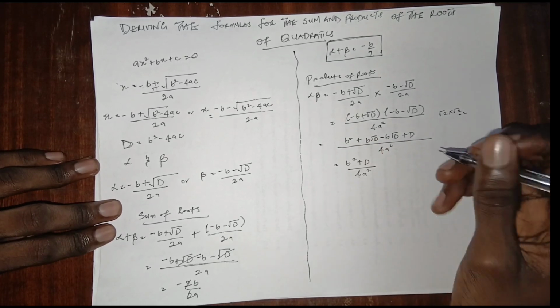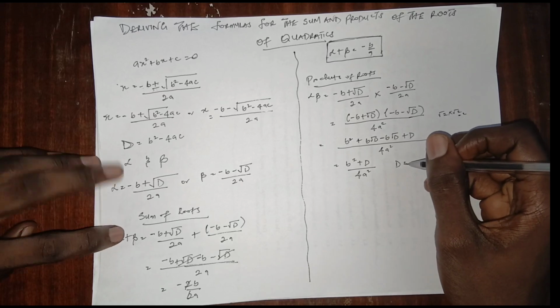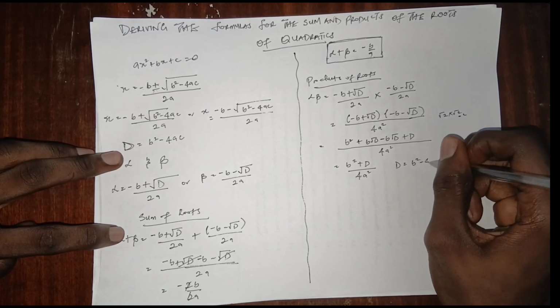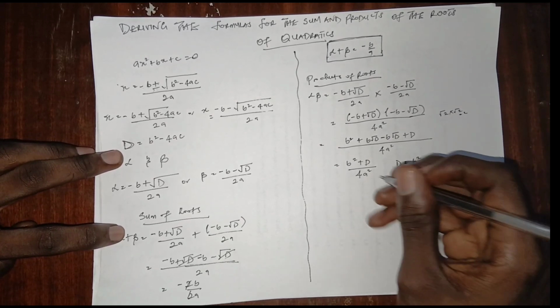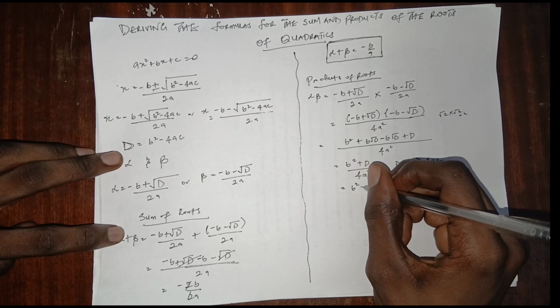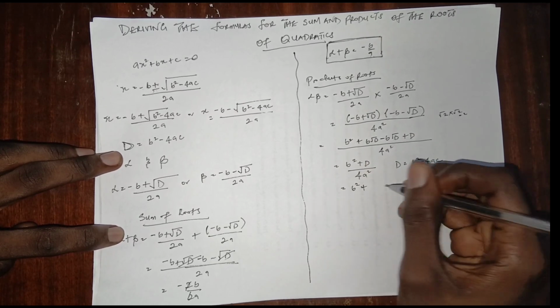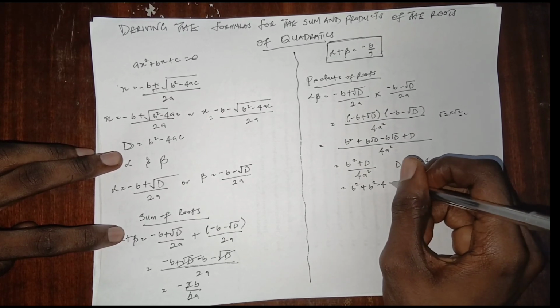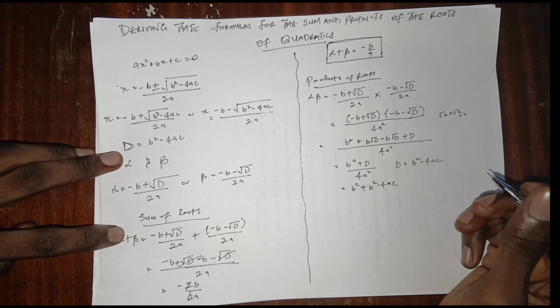We can't progress with that, but we know d is equal to what? From earlier, d is b squared minus 4ac, right? So just substitute back into this equation. We have b squared minus, in brackets, b squared minus 4ac.